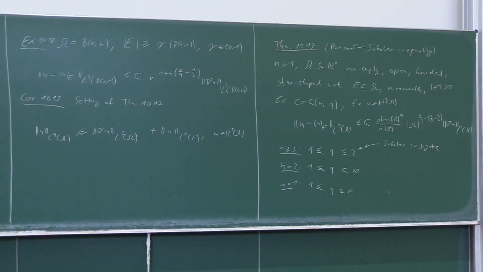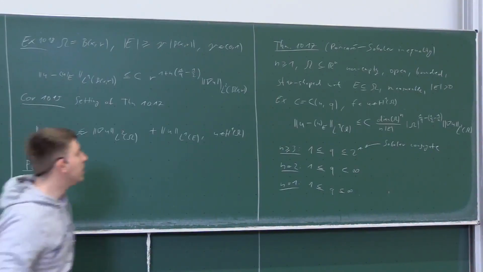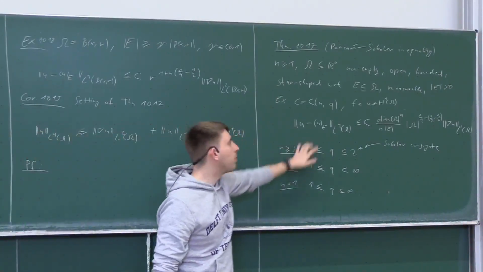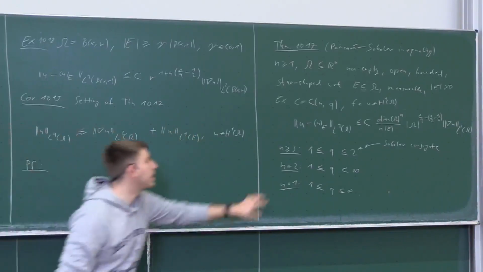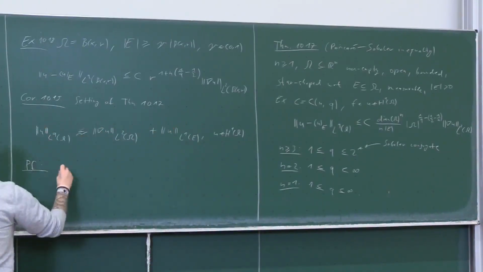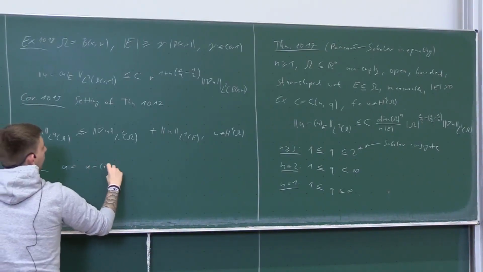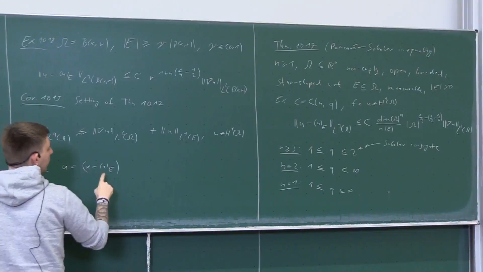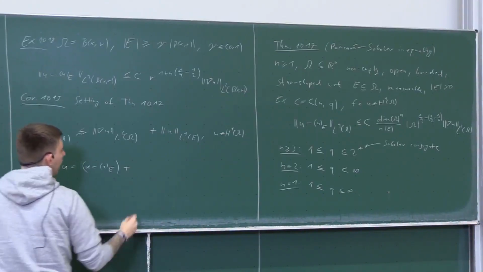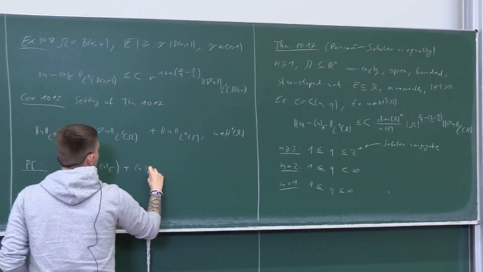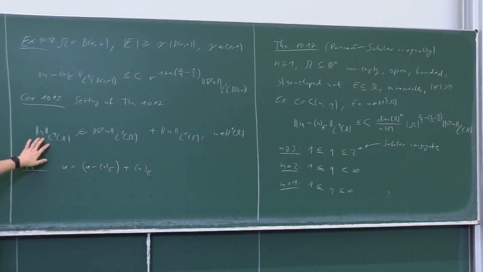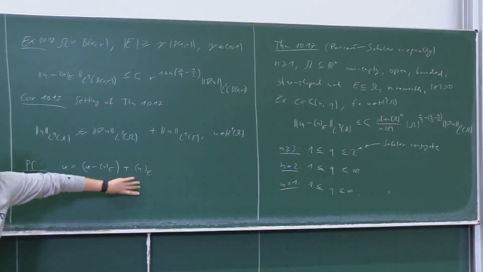Maybe we indicate a bit the proof of this corollary. So how does it work? Well, I want to control u, but I only know how to control this quantity. So let's create this quantity here. I just write u is equal to u minus the average of u over e, this first term. Then this I have to add, of course, again. And I apply the Lq norm of omega to this decomposition.